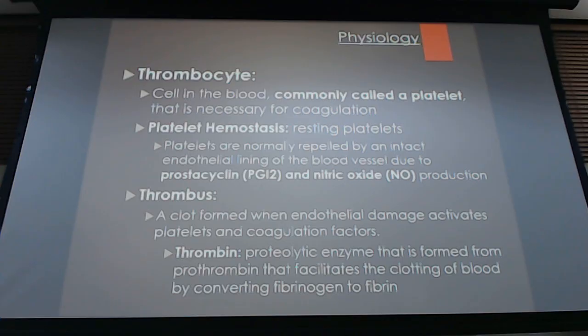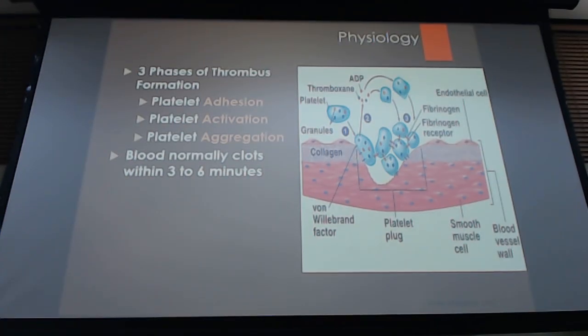So when we think about our coagulation cascade, I want you to think about the platelets being activated and trying to form a clot to fix that damage that happened in that endothelial lining. Our three phases of that thrombus formation are adhesion, activation, and aggregation, okay?